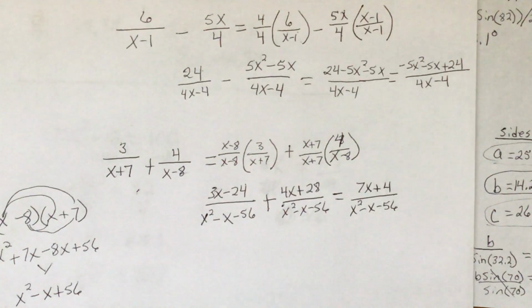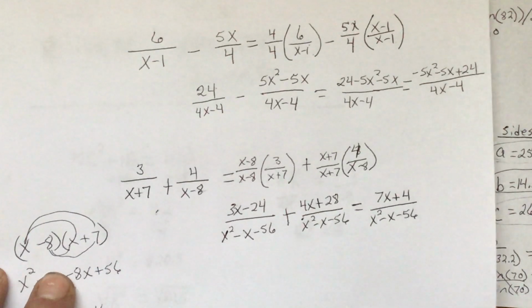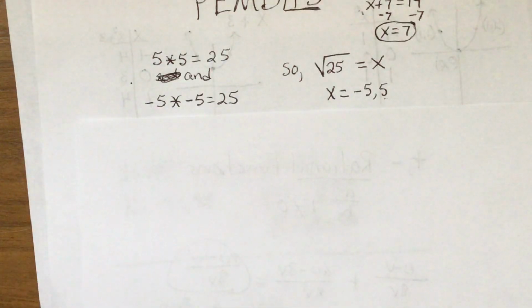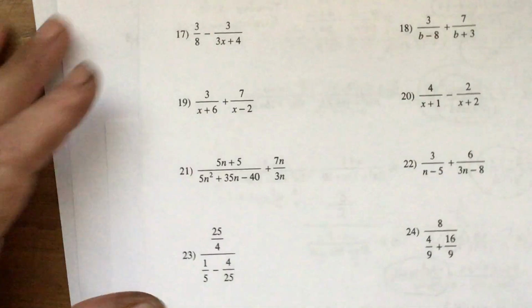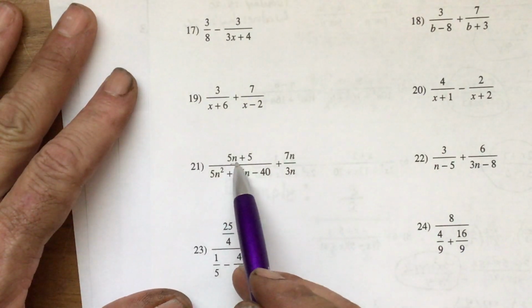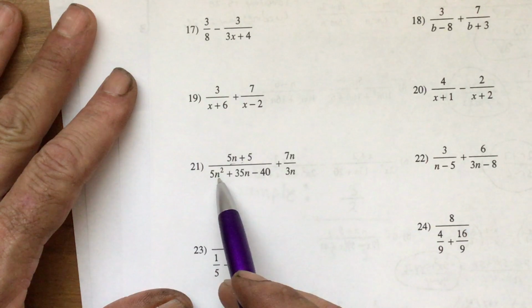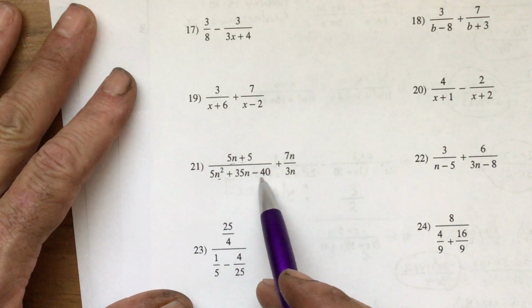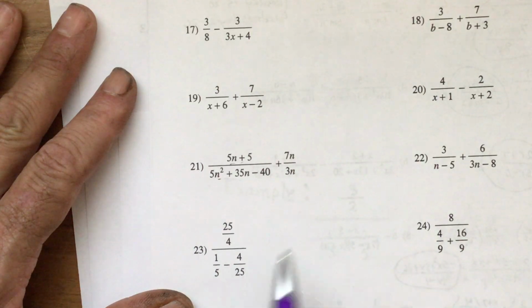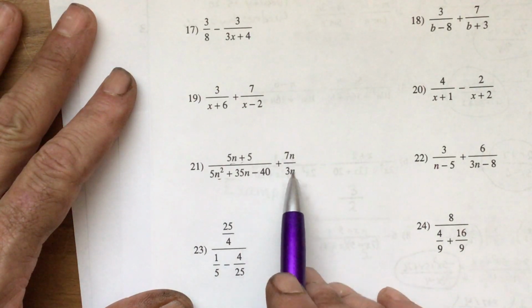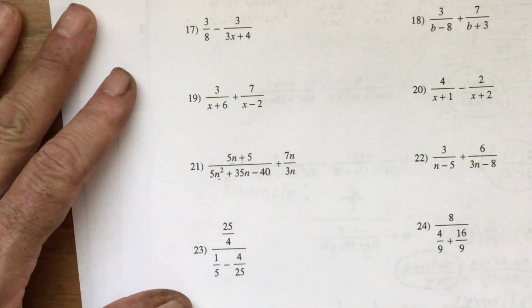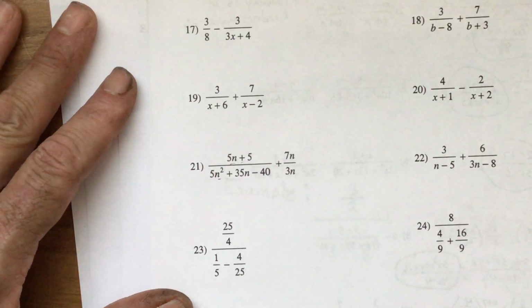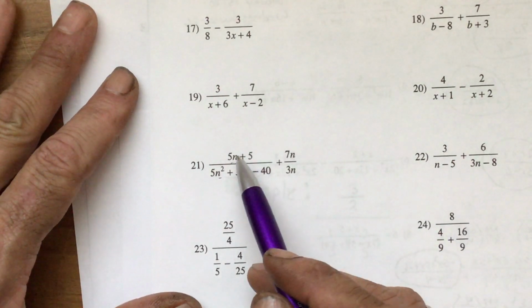Some of them, let me just look at number 21. It looks a little hairy, but I think you can do it as well. Okay, number 21. 5n plus 5 divided by 5n squared plus 35n minus 40, then over here, 7n divided by 3n. Well, let's see here.